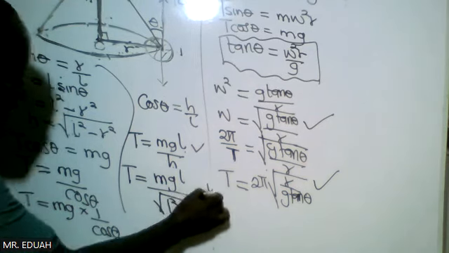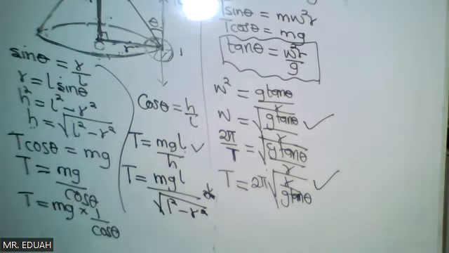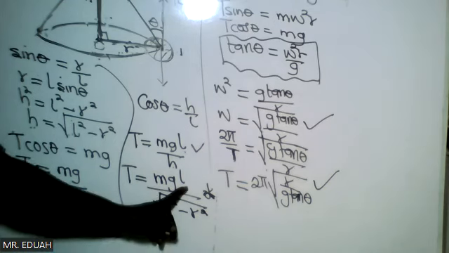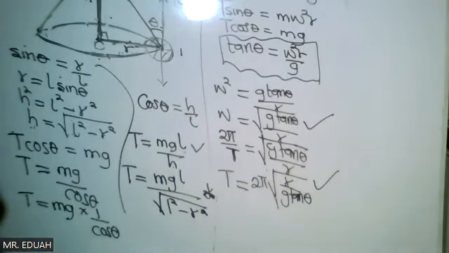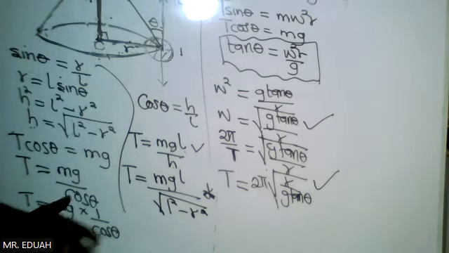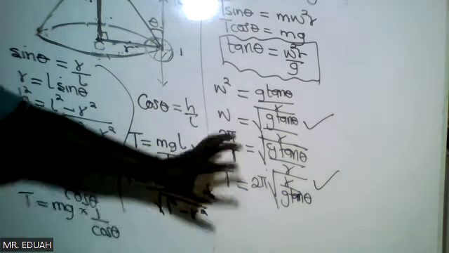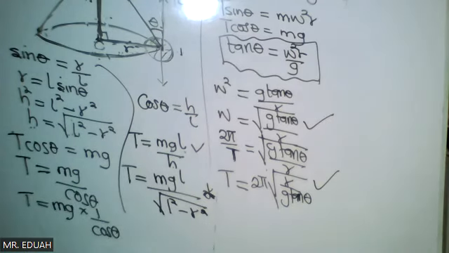This is another relation for the tension within the string. Meaning when we have the mass, length of the string, and the radius of the circle, we can use that to find the tension. So all I'm saying is that we can use different expressions to determine whatever we are looking for.